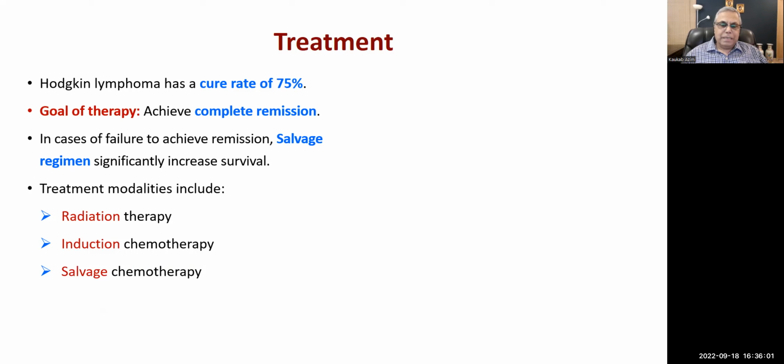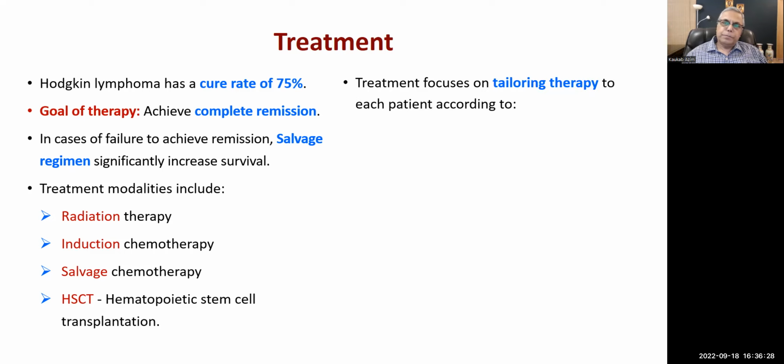The patient is in remission, but it comes back, it recurs. And now when it recurs, the therapy that you give after recurrence is known as salvage chemotherapy. And this is a very specific treatment for Hodgkin lymphoma, which is known as hematopoietic stem cell transplantation, which are of two types. You can have autologous from the person, or you can have a donor for that as well.